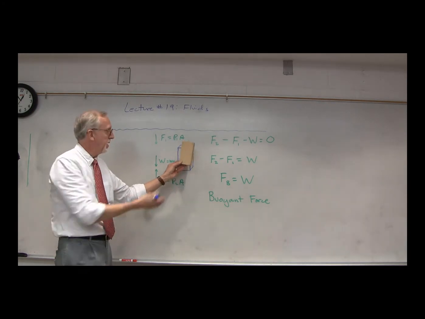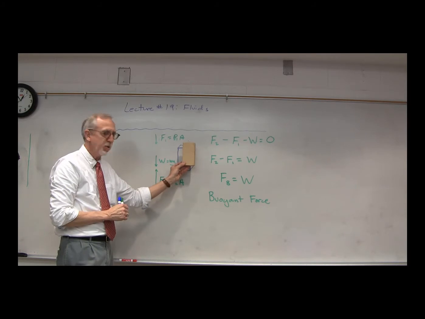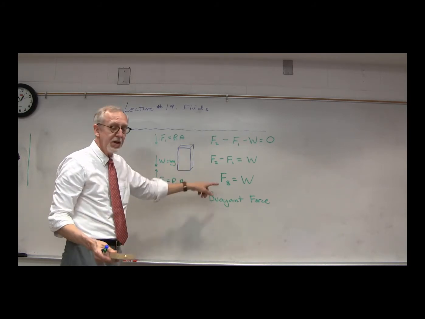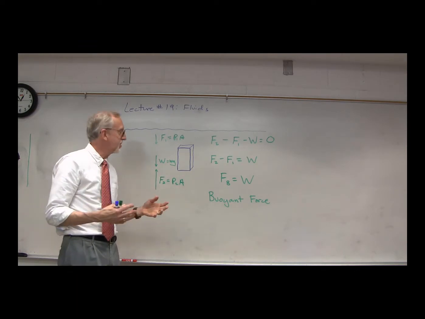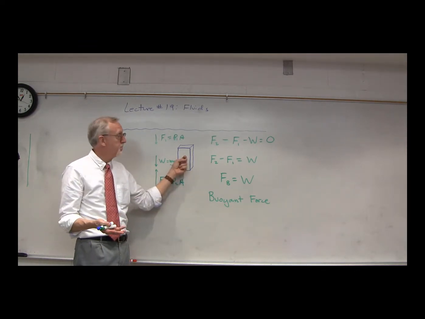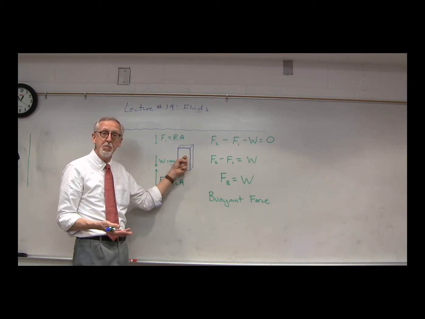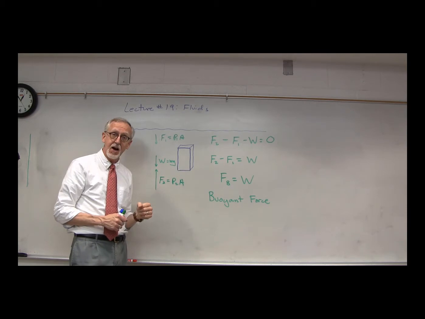So we put maybe a block of wood or something like that in the place of that fluid. Well, this buoyant force, due to the external fluid, is going to be exactly the same whether we have water in there or some other object. There's going to be exactly the same buoyant force from the external fluid acting on that object.